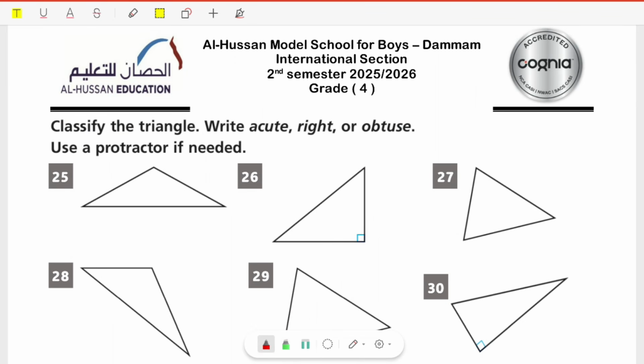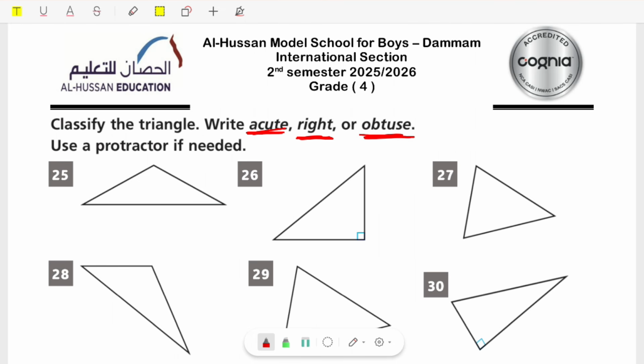So in the next page here, we need to classify the triangle. So let's write acute, right, or obtuse. We said that before. Acute means a small, tiny angle, and right means a square corner angle, and obtuse is a wide, big angle.